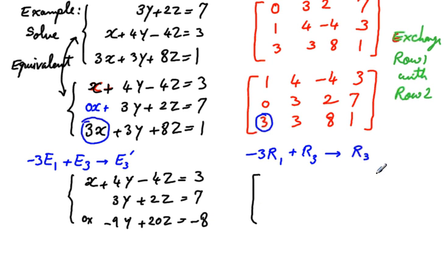Or if you didn't care about writing the x, y, z's, this is the same: 1, 4, -4, 3, 0, 3, 2, 7. -3 times that plus this one is 0. -3 times 4 is -12, and this guy is -9. -3 times -4 is 12, and an 8 is 20, and -3 times 3 is -9, and a 1 is -8, which is exactly what we have here.